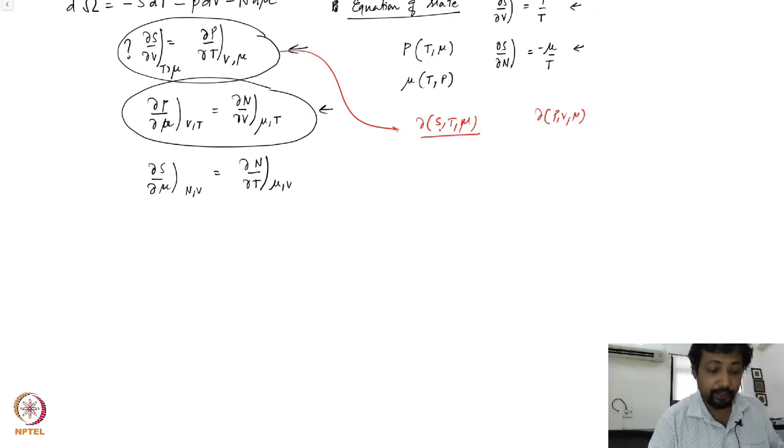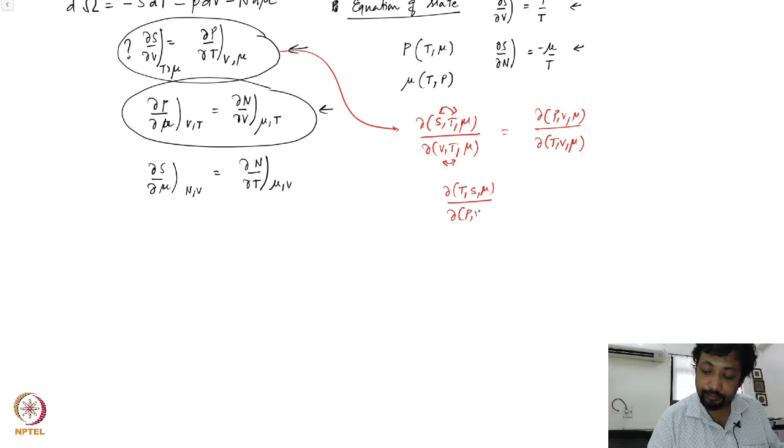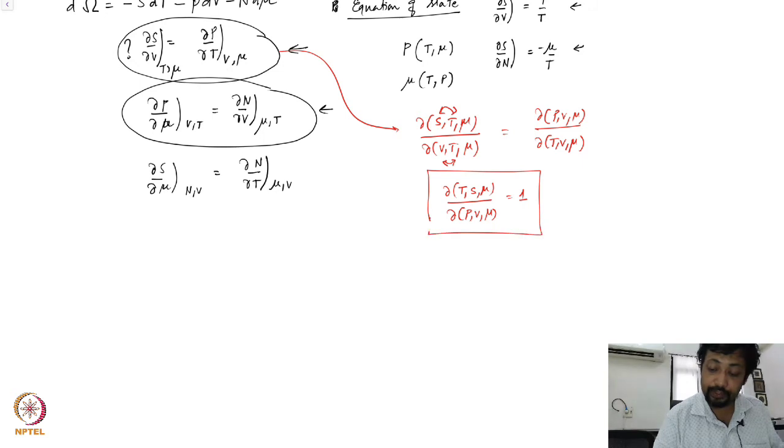This means ∂(P,T,μ)... S T μ over P V μ is equal to ∂(T,V,μ)... one can just interchange V and T here and T and S here to give you ∂(T,S,μ) over ∂(P,V,μ) is equal to 1. So this is one Maxwell's relation which we did not have.